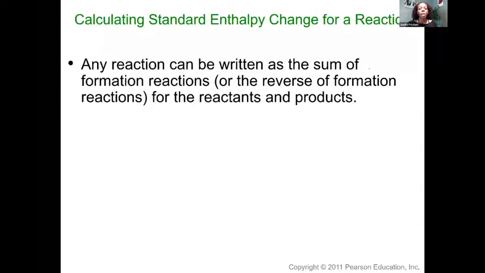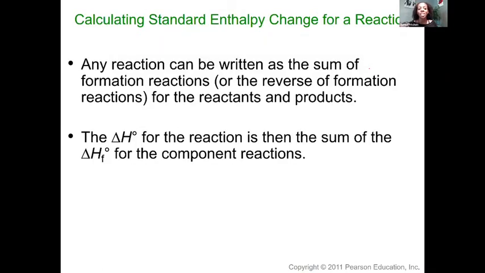Then, as we're calculating, the reaction can be written as the sum of the formation reactions, or the reverse of the formation reactions, for any reactants and products. So the delta H for the reaction is the sum of the heats of formation for each component of the reaction.